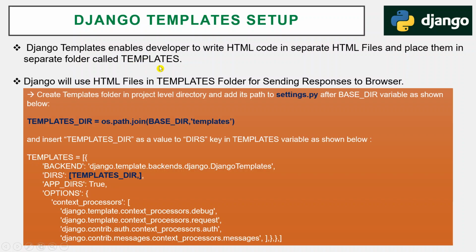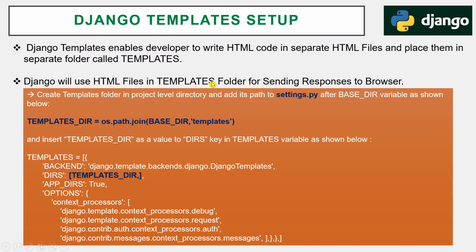So that is the concept. So Django will use HTML files in templates folder for sending responses to the browser. So after keeping all the HTML files in the templates folder, Django will detect those HTML files, and then Django will use the HTML files for sending responses to the browser. Okay, so this is the bottom line of the templates, friends.